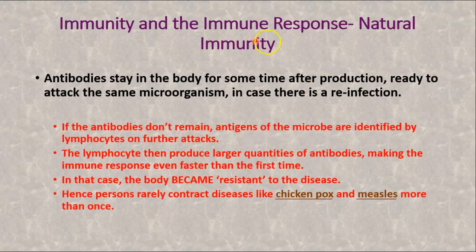Let's look at natural immunity. Antibodies stay in the body for some time after they are produced, and that's important in case there is reinfection. In case there is a reinfection, the antibodies will look around to attack the same microorganism should it show up again.